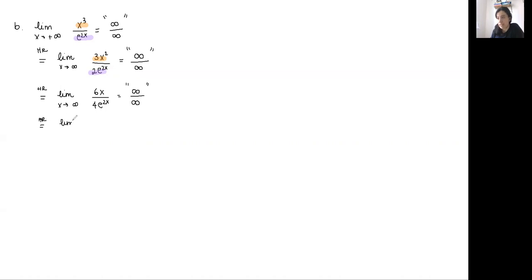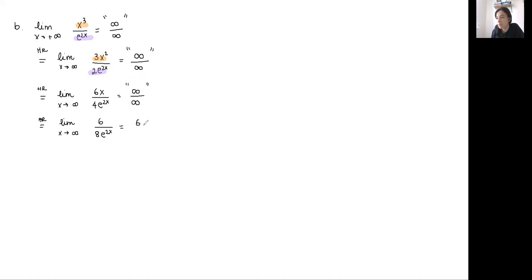Right? So I'll take the limit as x goes to infinity of 6x, which is just 6, and then the derivative at the denominator would be 8 e to the 2x. And now things have changed, because now the limit of the numerator is just going to be equal to 6.